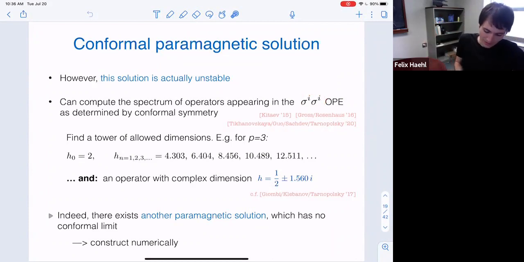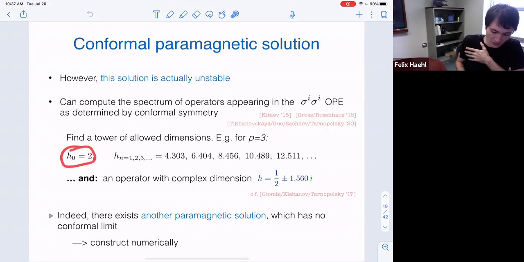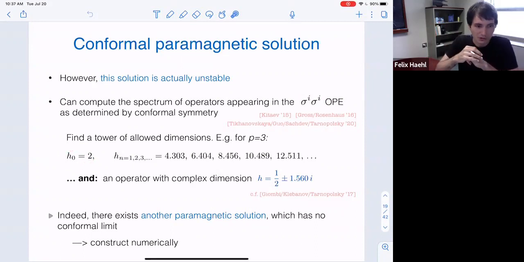Okay, so I'm not going to go into detail, but you can just do that and take this conformal symmetry as a guiding principle to find the operators that can show up in this OPE. And what you find is a tower of allowed operator dimensions that you can get. So the first one you always get is this universal mode that has dimension 2.